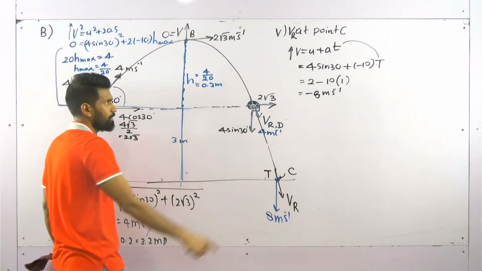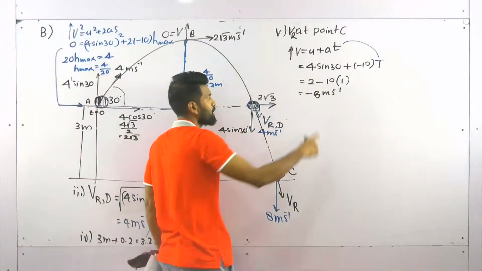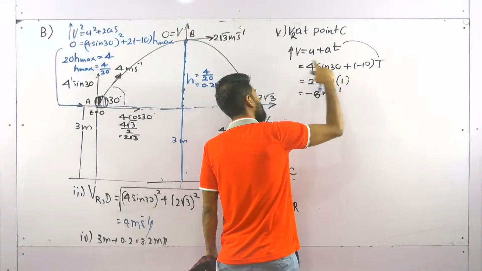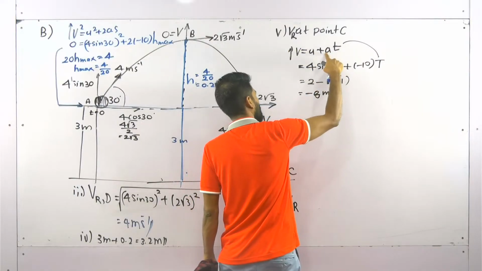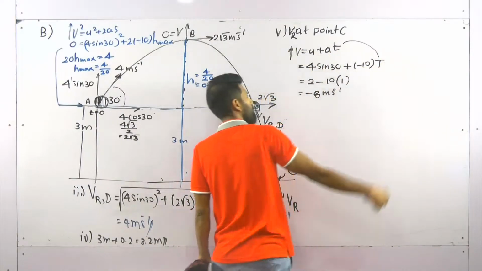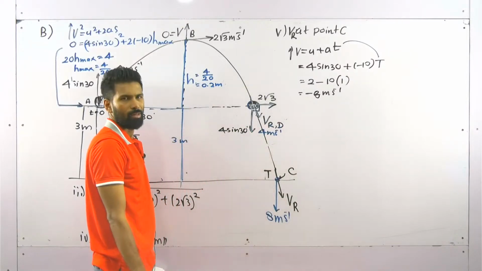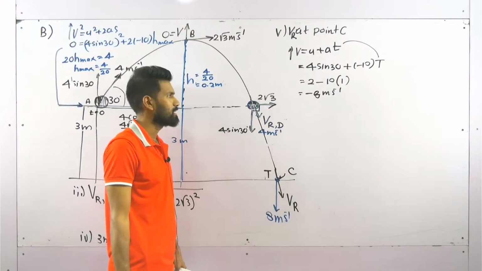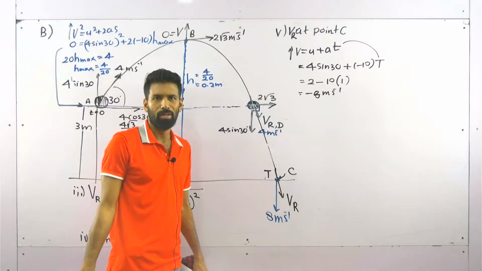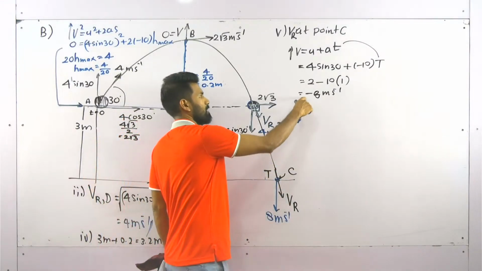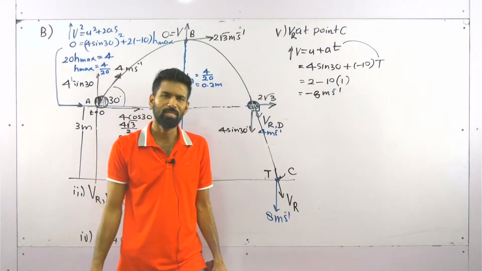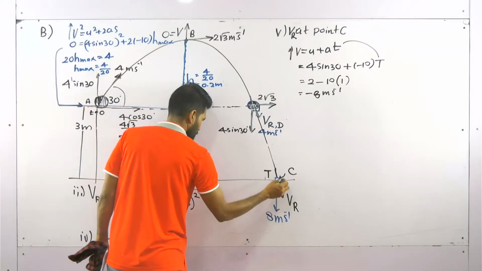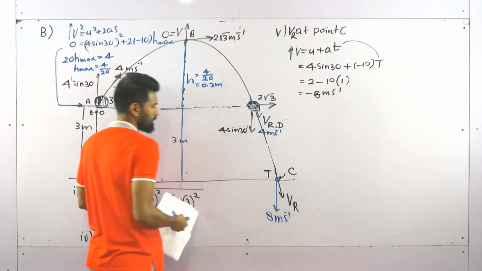To reach that point, we applied v equals u plus at from the beginning: initial velocity upward 4 sine 30 plus acceleration minus 10 times t, where t is 1. So the vertical velocity after 1 second is minus 8. Minus means it is moving in the opposite direction, so downward, with a velocity of 8 meters per second.